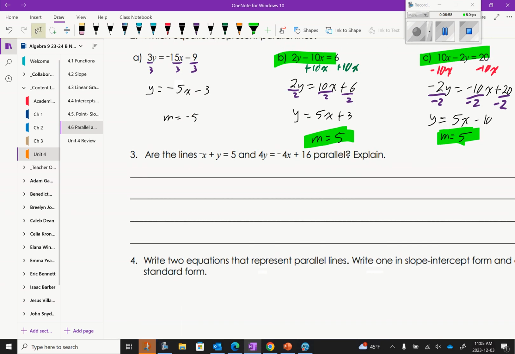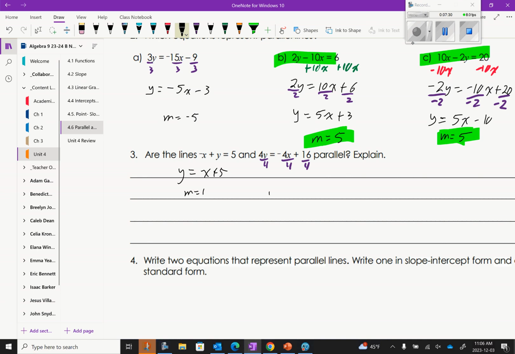For number 3, are the lines -x plus y equals 5 and 4y equals -4x plus 16 parallel? Well, again, for the first one, if I simply add x to both sides, I get y equals x plus 5. So the slope there is implied to be a 1. For the second one, I would need to divide everything by 4.